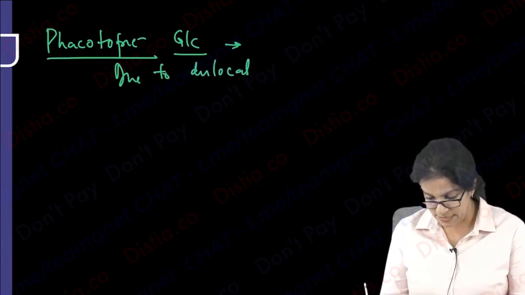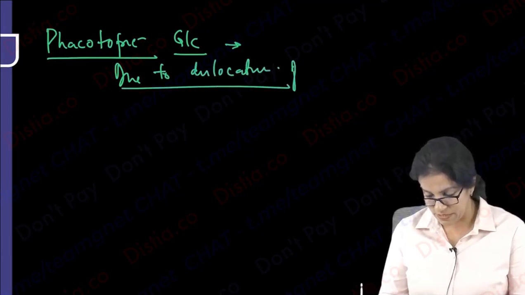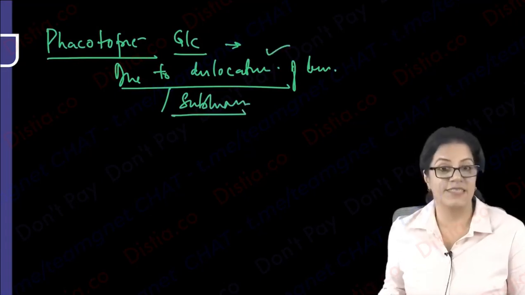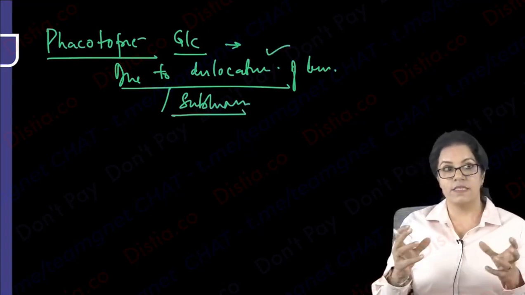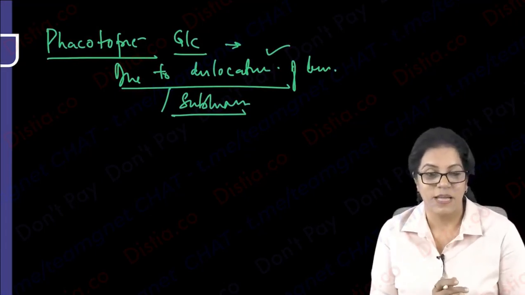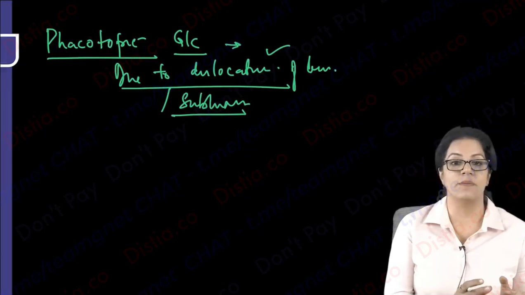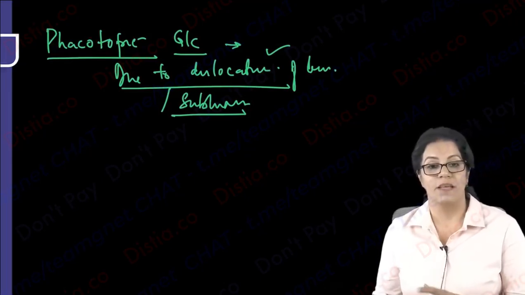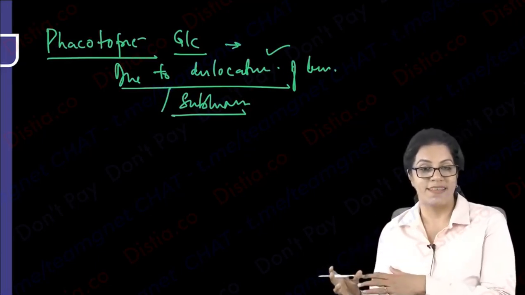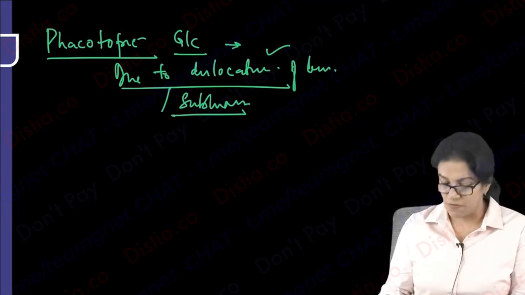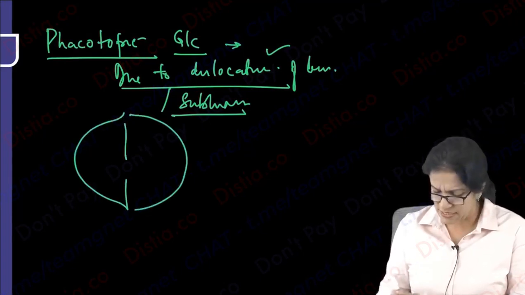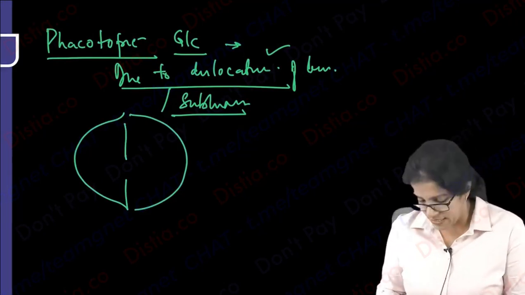If it is dislocated anteriorly and it is going into the anterior chamber, the problem is in drainage through the TM, but if it is going posteriorly, it will push the iris forward, and therefore lead to angle closure. You may not know this, it's not needed much, but just understand.